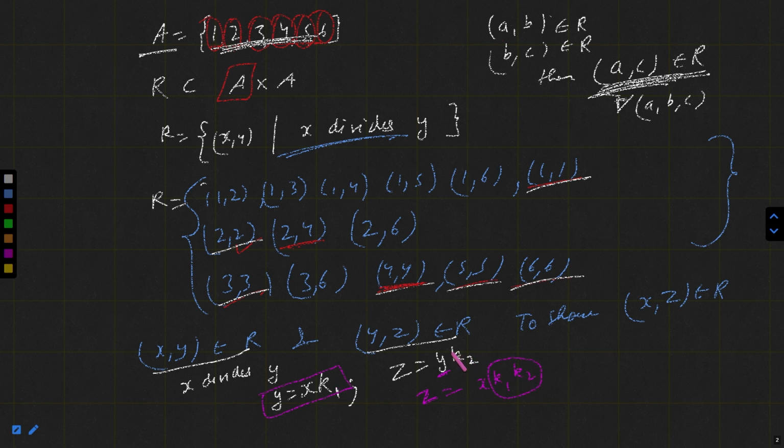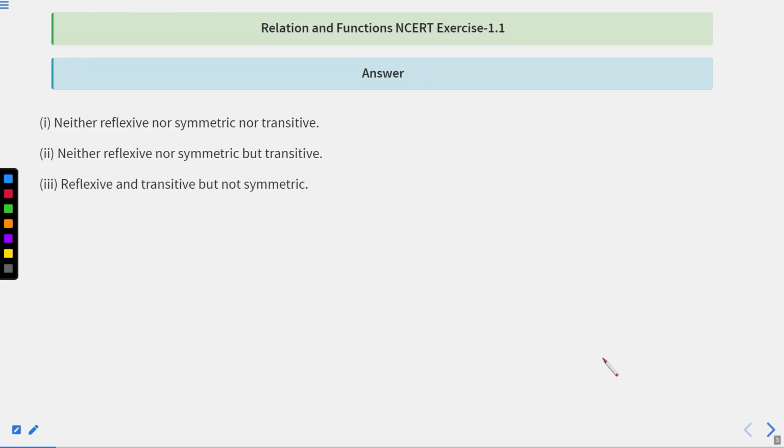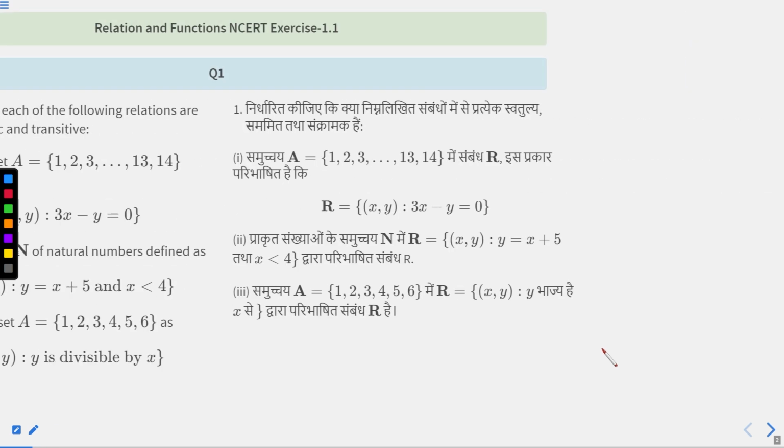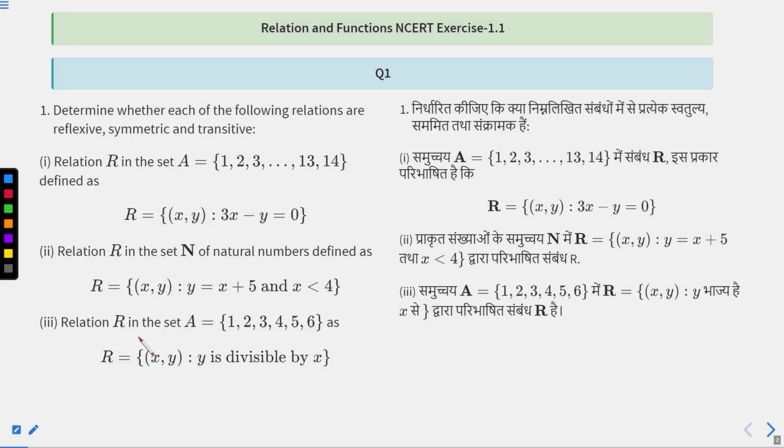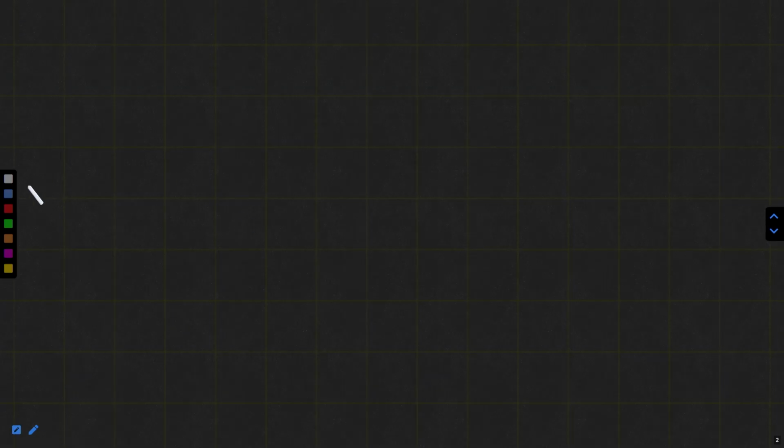Here k1 and k2 are my integers. Sorry for the disturbance.